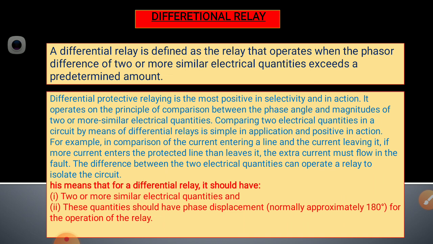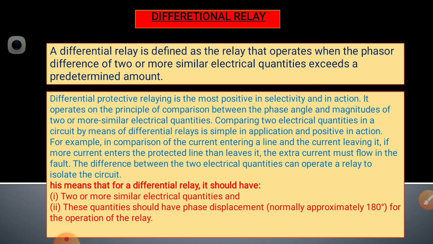So a differential relay is defined as the relay that operates when the phasor difference of two or more similar electrical quantity exceeds the predetermined amount. So differential protective relaying is the most positive in selectivity and in action.